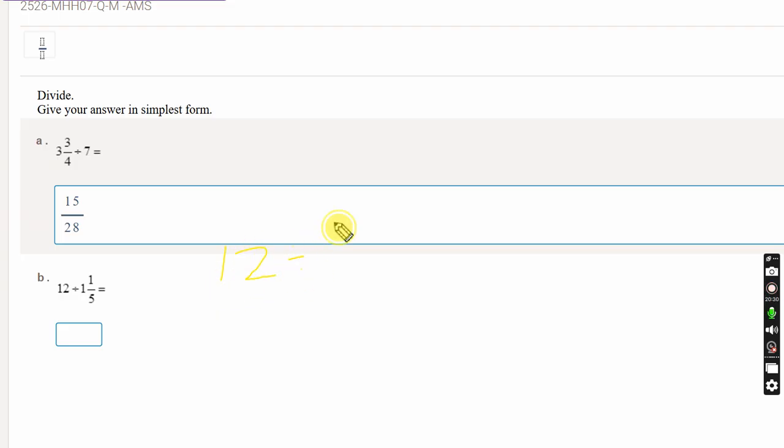For the next one, 12, you'll do the same thing. First, convert the 1 over 5 into a fraction. So times, add. 5 times 1 is 5, plus 1, 6 over 5. Rewrite it as it is, just convert the mixed fraction into a normal fraction. So then you'll change it into multiplication, but now what happens when you multiply? It flips.